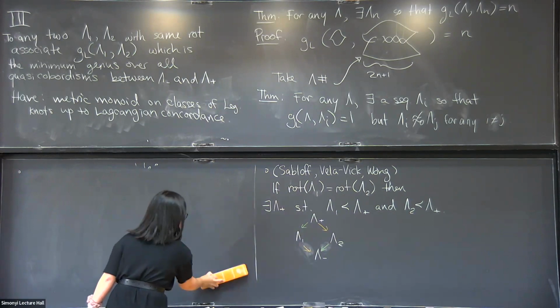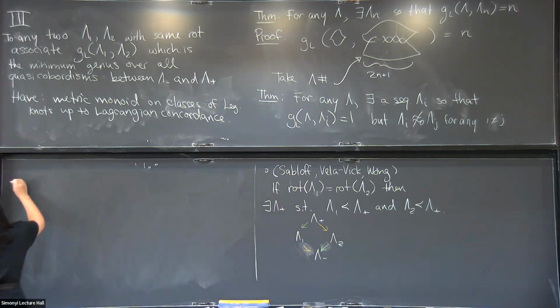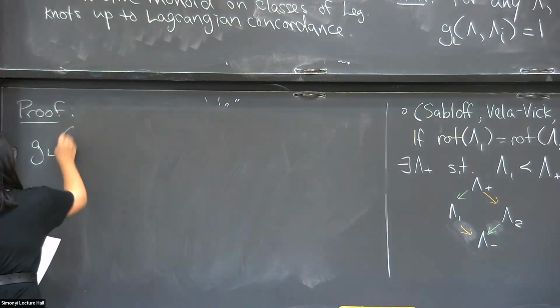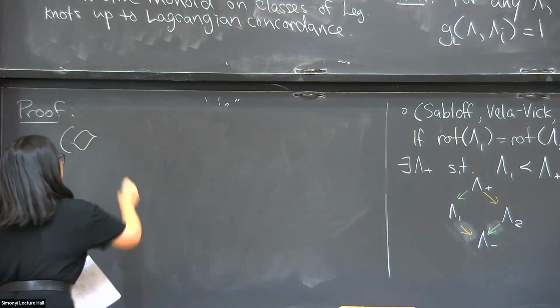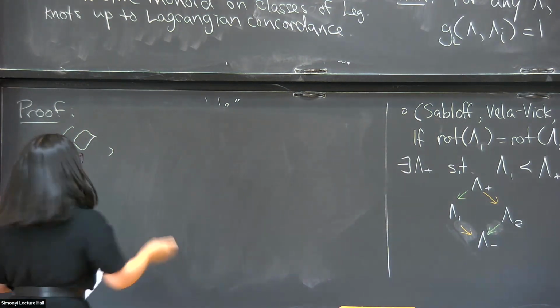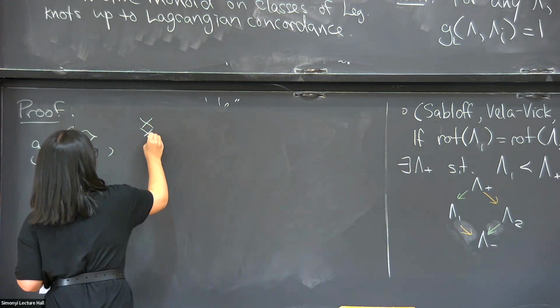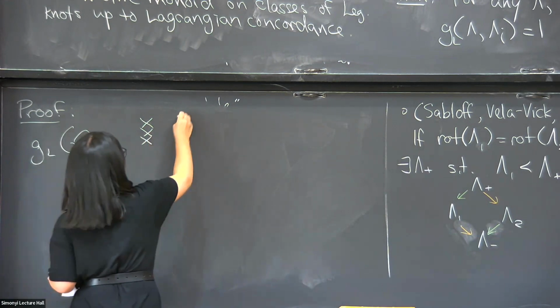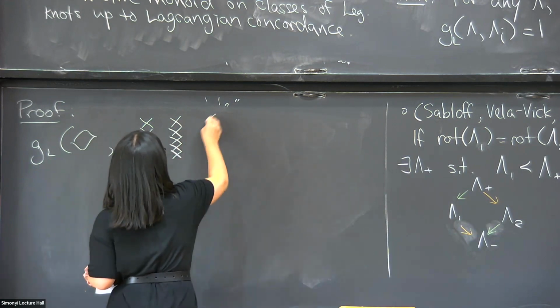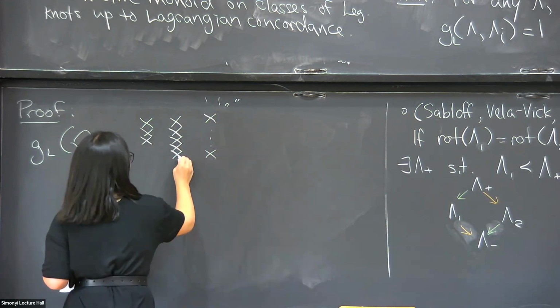And the proof of this is really straightforward and nice as well. If I consider the following, the unknot, and then this, what we call a pretzel knot, it's going to look like this. 3, 1, 2, 3, 4, 5.